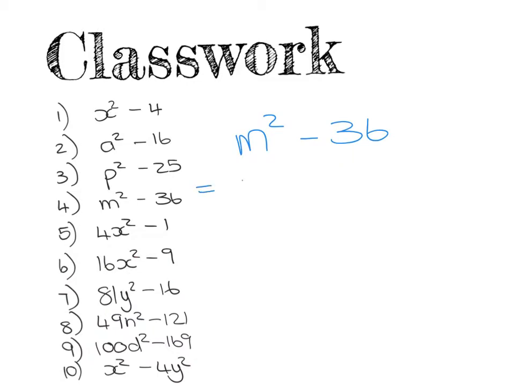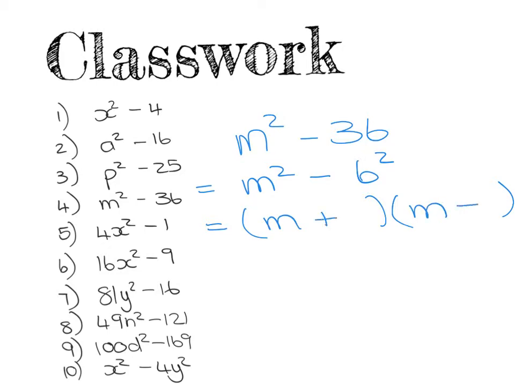Okay, this is m squared minus 6 to the power 2. So this becomes m times m, plus and minus, 6 times 6.